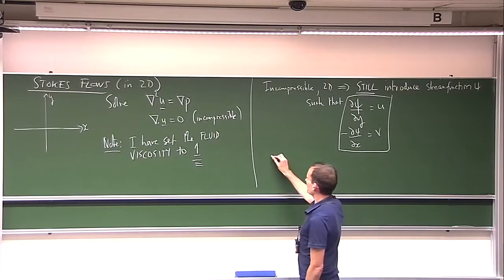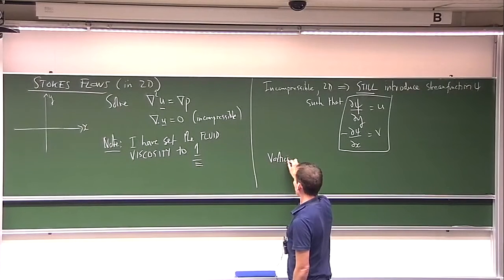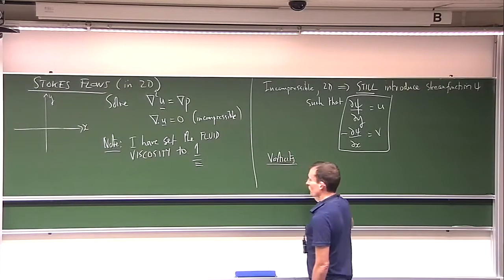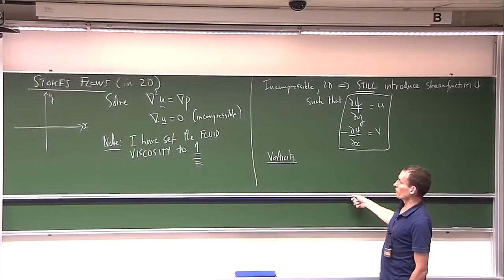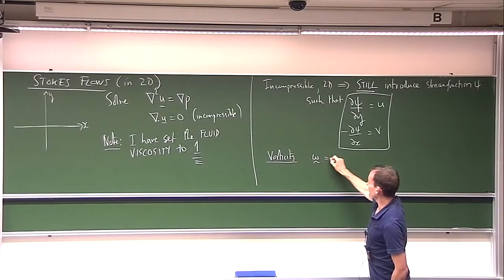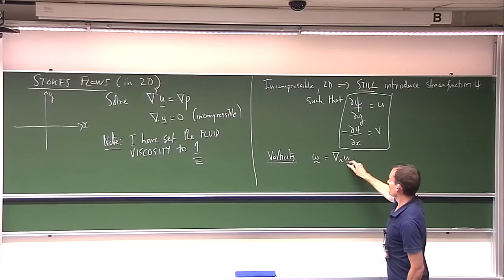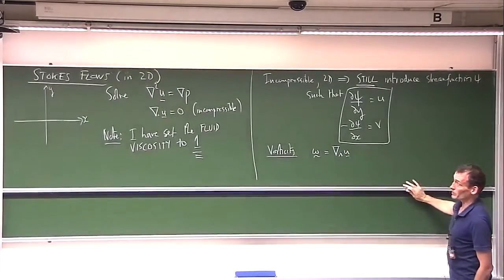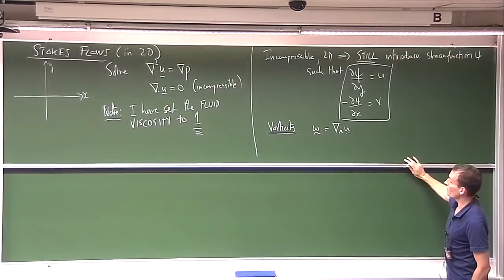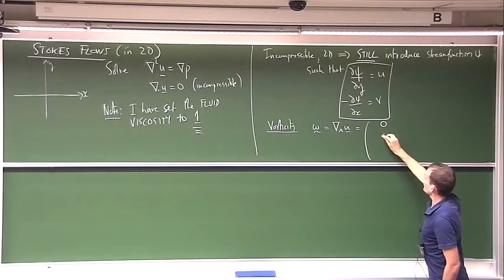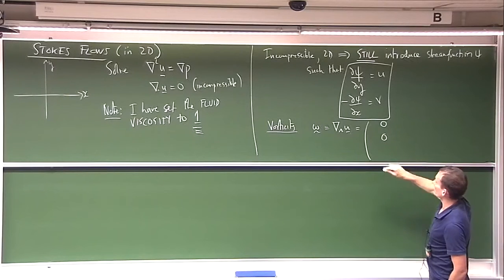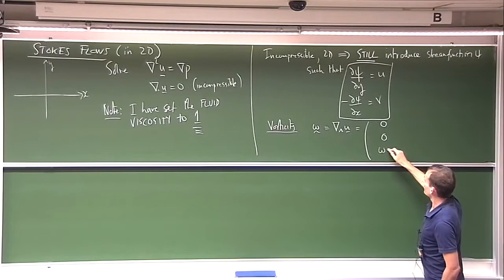Let's just look at the vorticity. Vorticity is defined to be the curl of the velocity field. You can't really do this in 2 dimensions, but you can embed it in 3 dimensions. And I think I said this last time, you get just a component in the 3rd direction, which we call omega.